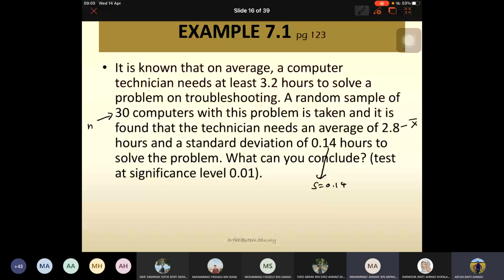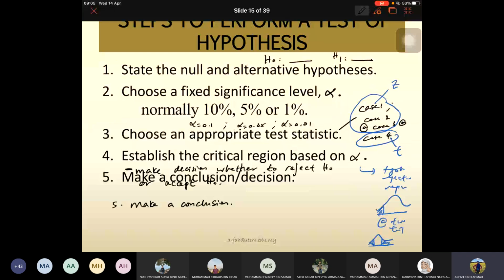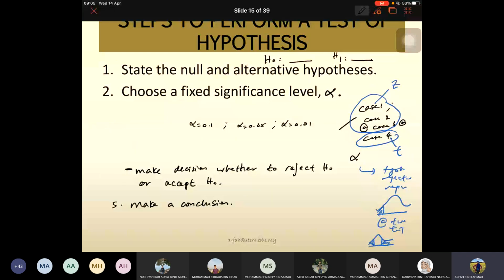Alpha, betul. Okay, this is alpha equal to 0.01. Tengok dekat sini. Significance level, alpha. You can have either 10%, 5% or 1%. So in this case, alpha equal to 0.01.